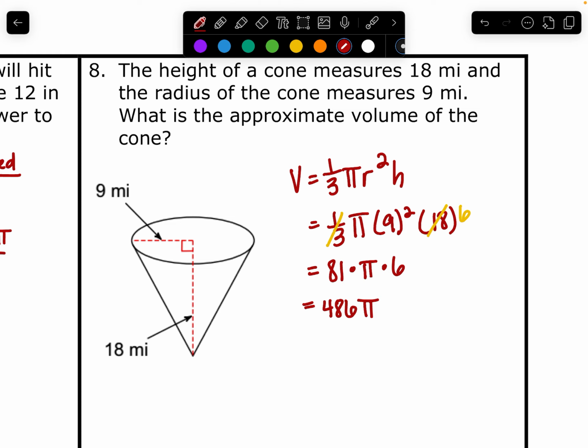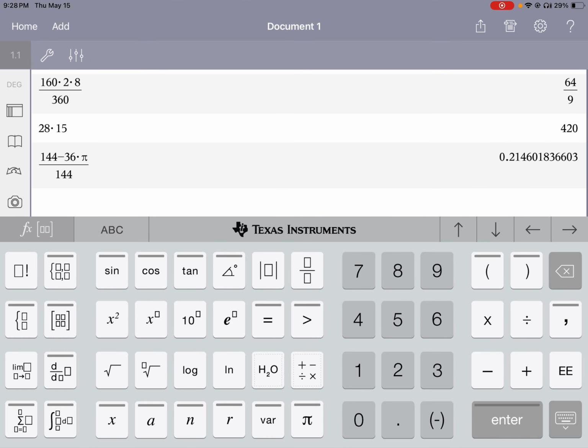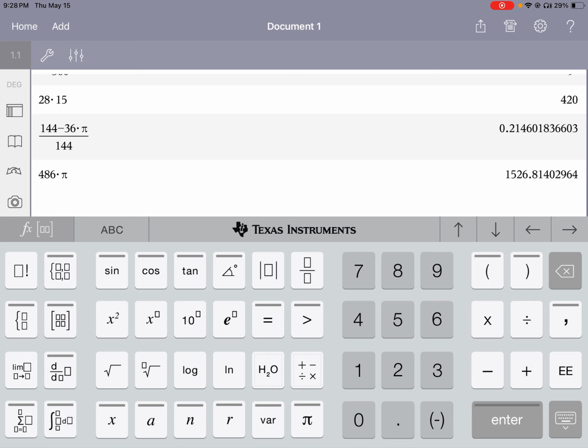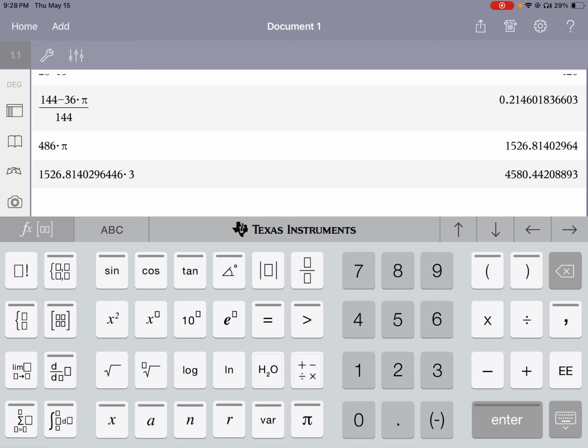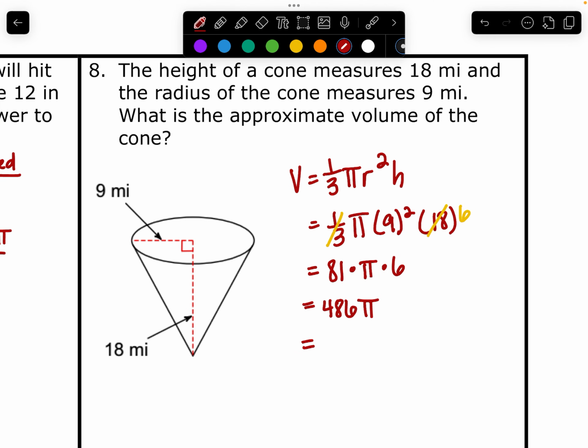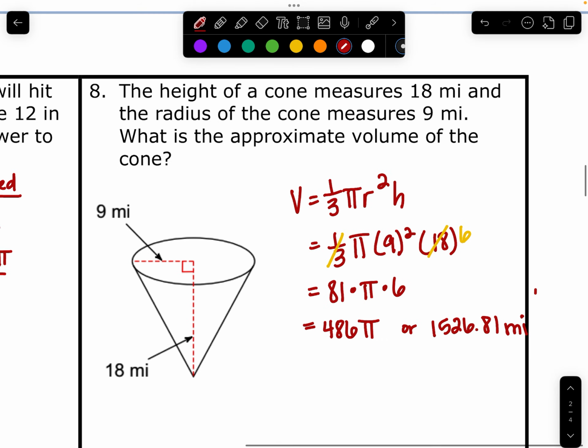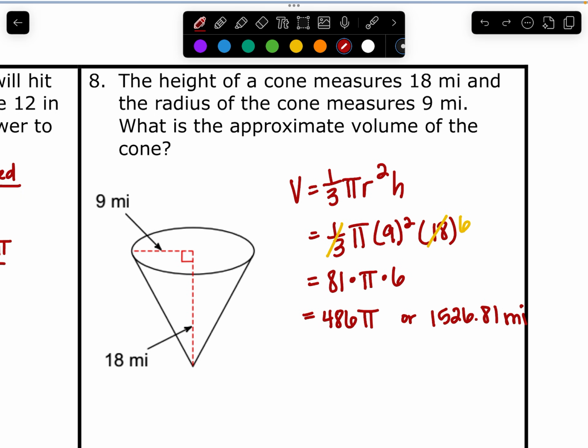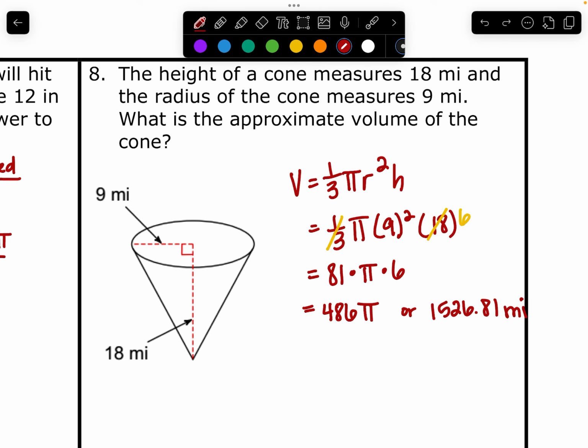All right, so the answer is 1526.81. You can leave it like that, or there we go.